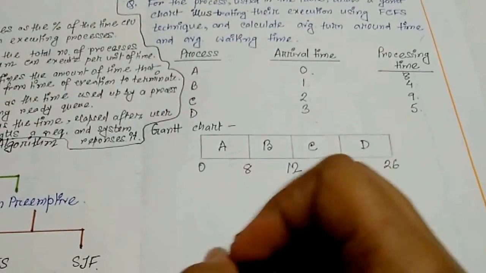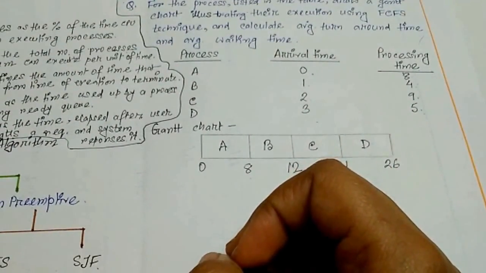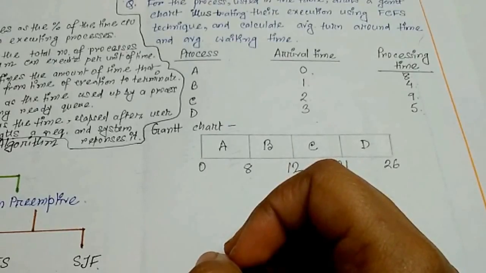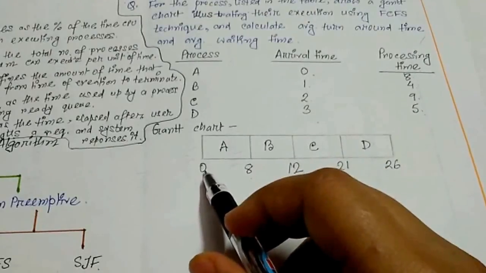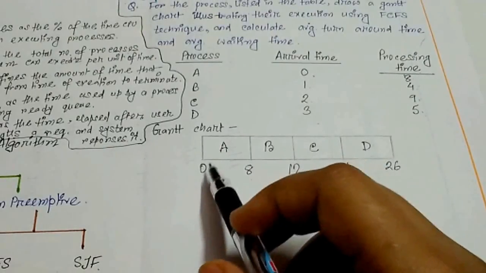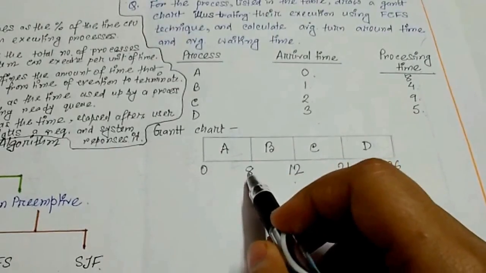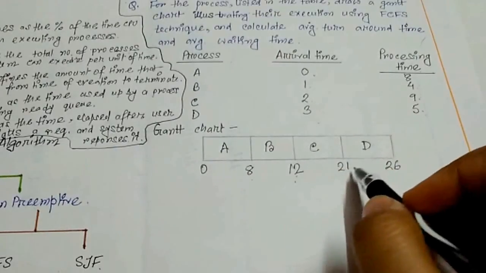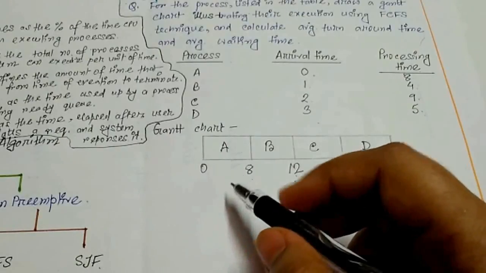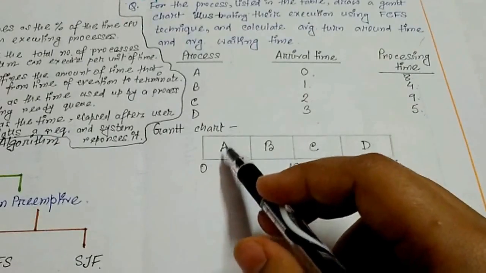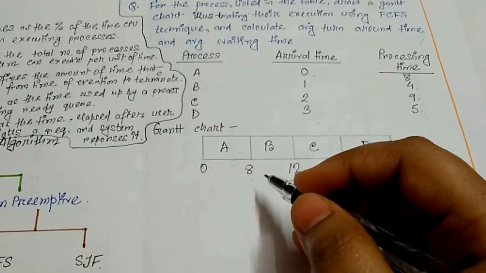Now, the formula of turnaround time is final finish time minus arrival time. Which is the final finish time? The final finish times are 8, 12, 21 and 26. Final finish time means when the process has finished its work.